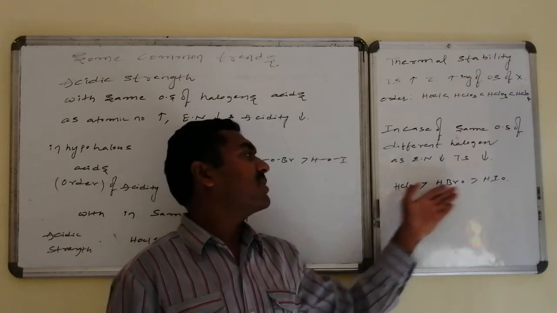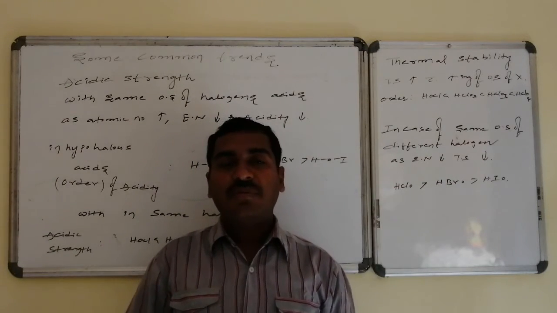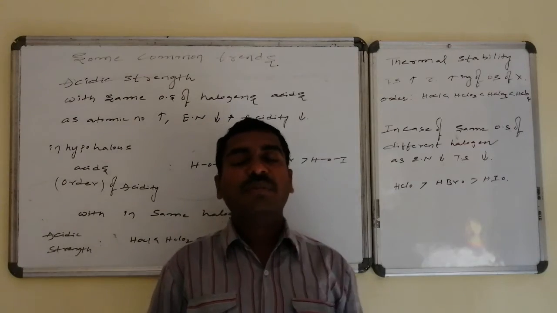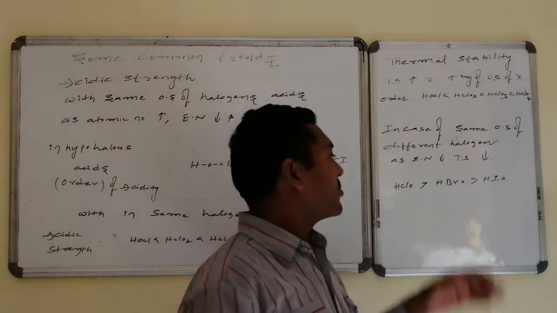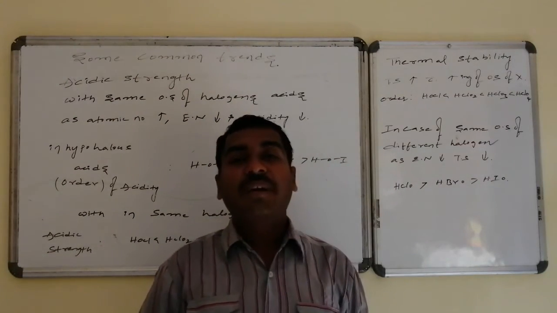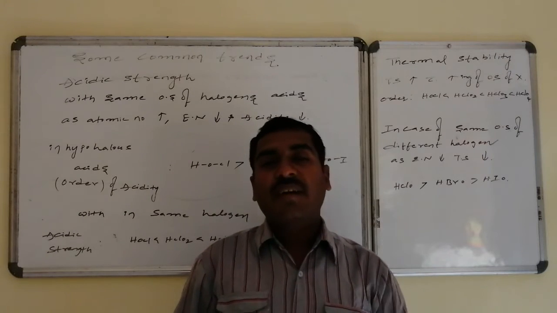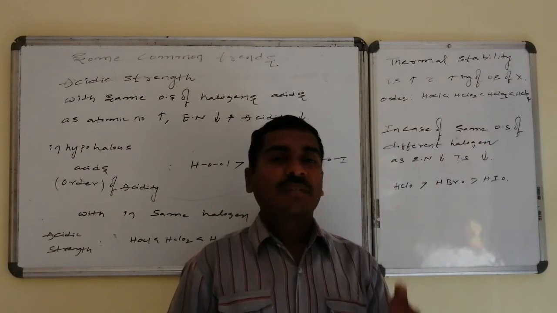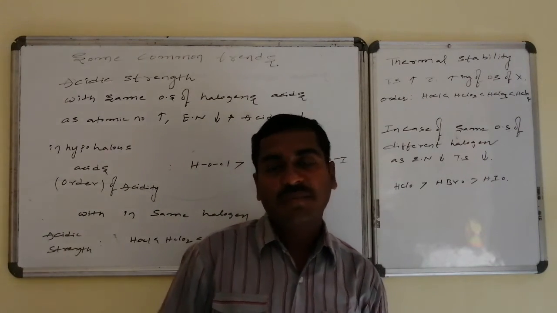So therefore HClO, hypochlorous acid, is more thermally stable compared to hypobromous as well as hypoiodous acids. Let us go for the other trends related to the oxyacids of the halogen family.